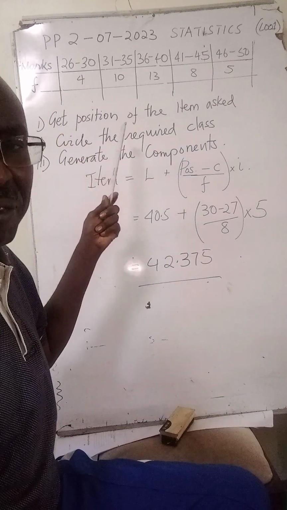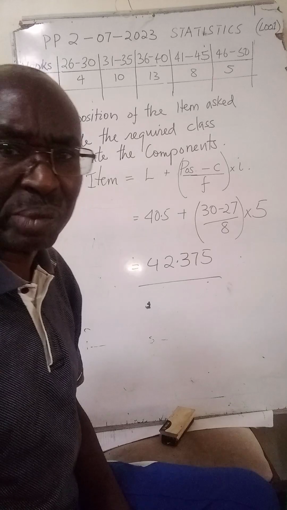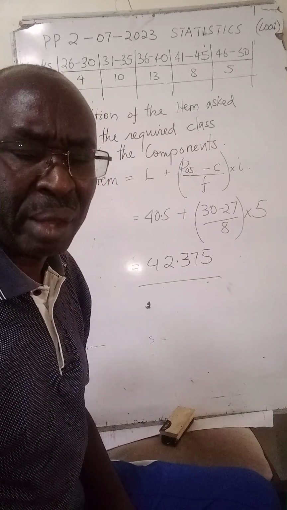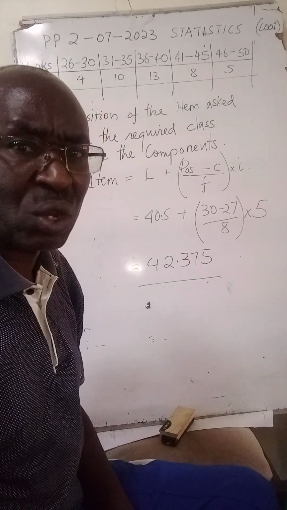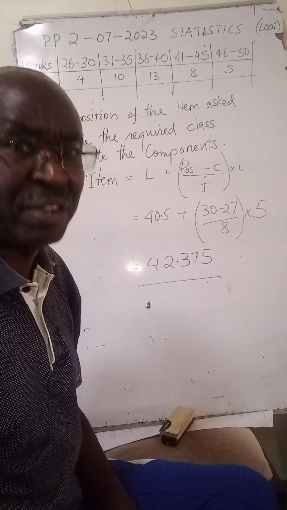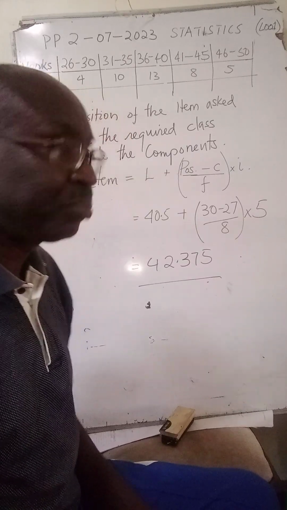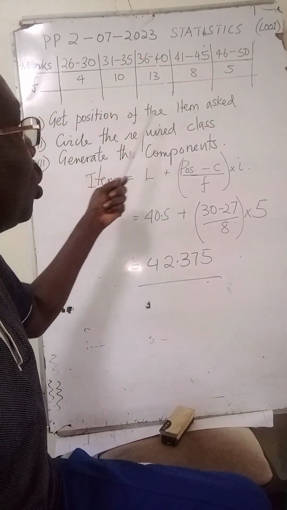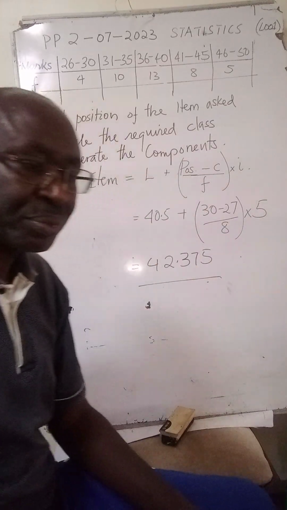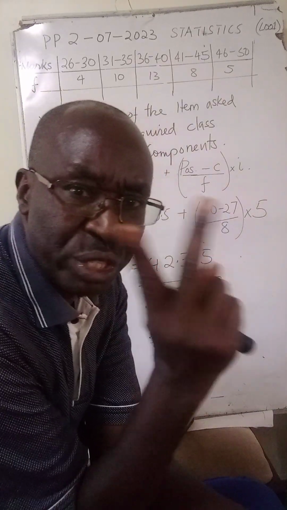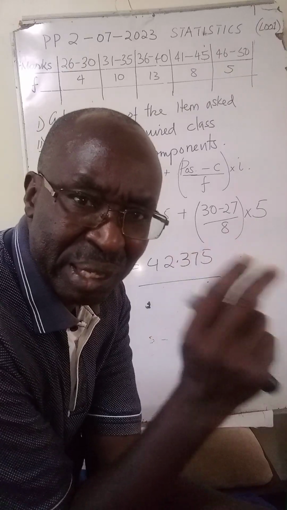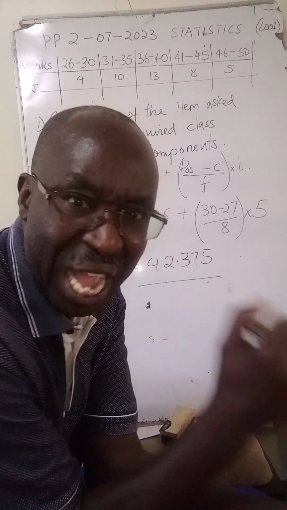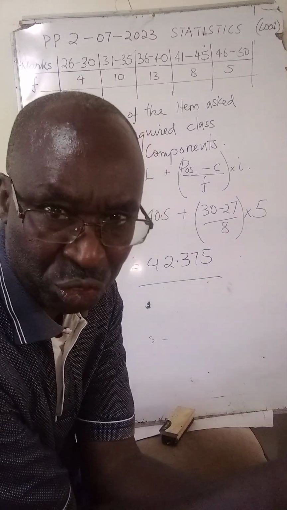Here, the first thing you do when you are asked about median and quartiles, in fact, and percentiles, is to get the position of the item asked. There are two things. There is a position and there is an item in that position.